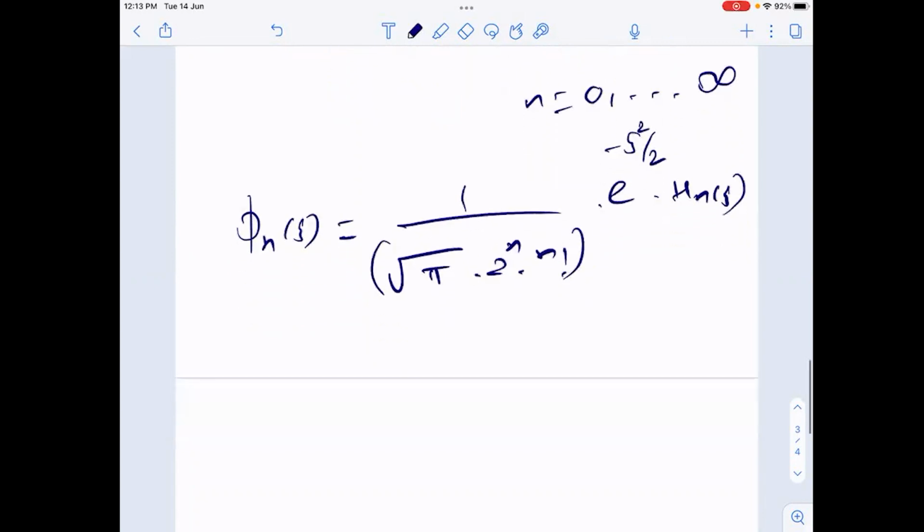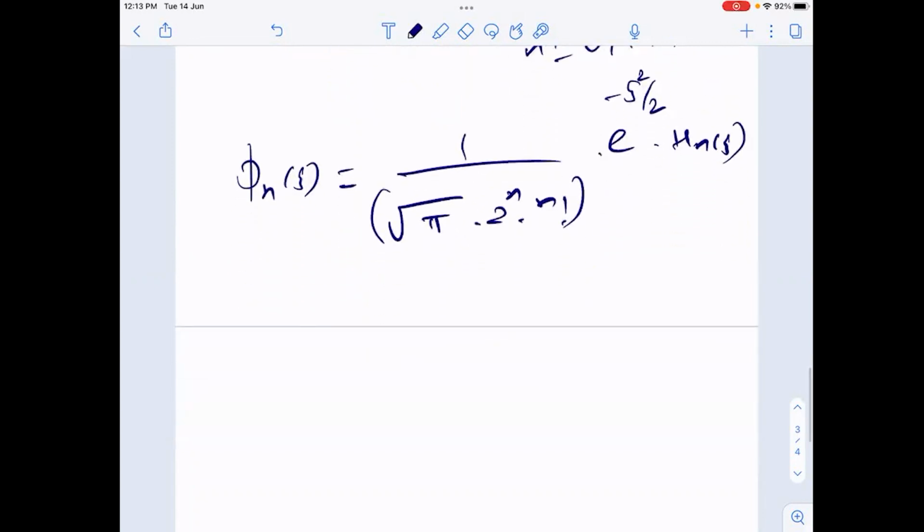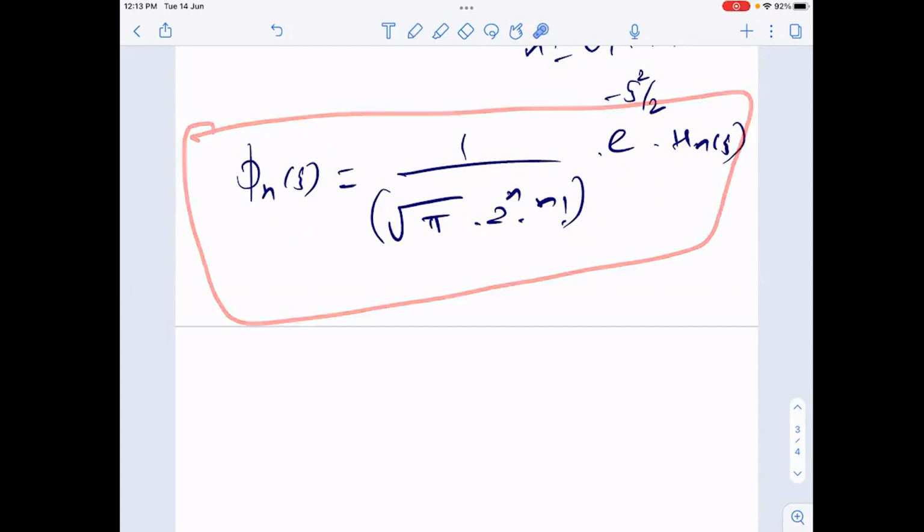Right now, what did I say? It's an orthonormal function of Hermite's differential equation. This phi n is the orthonormal function of Hermite's differential equation, and that function here is representing the eigenfunction for our case.